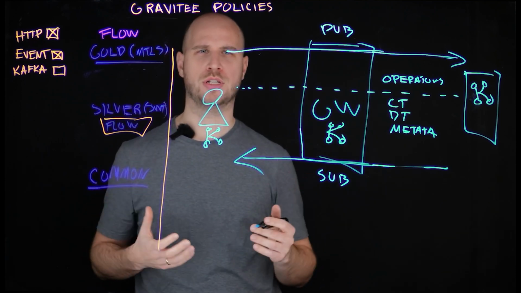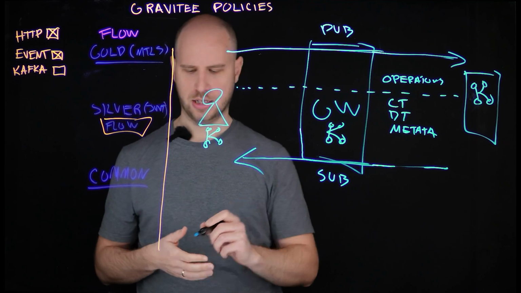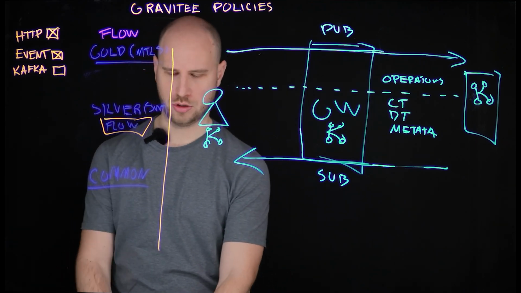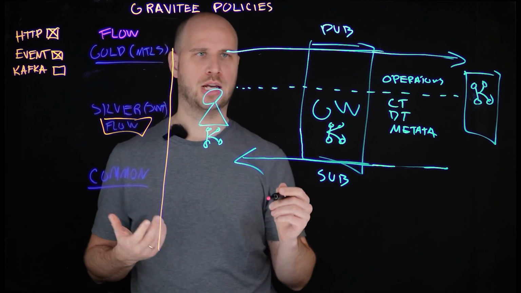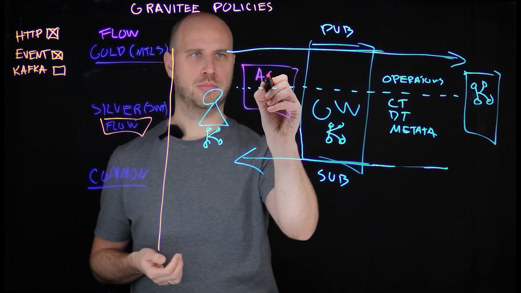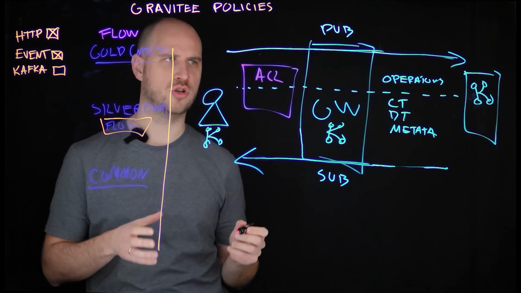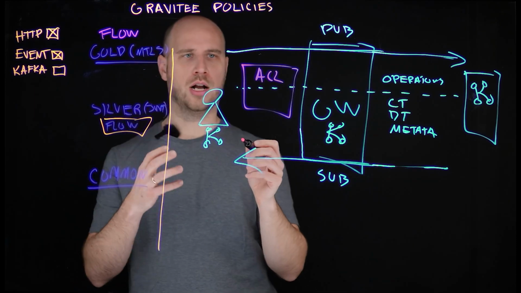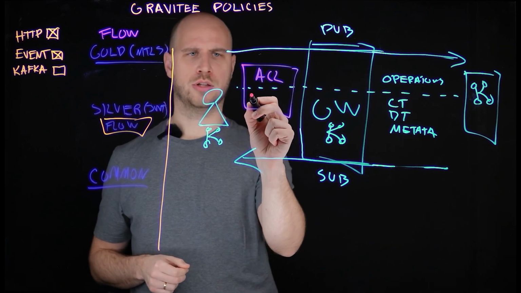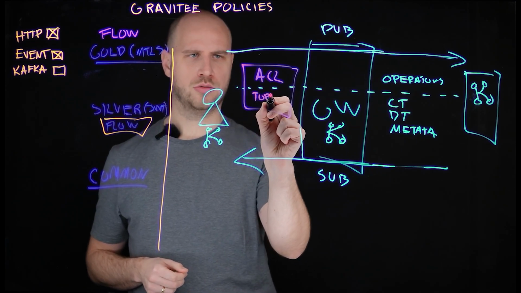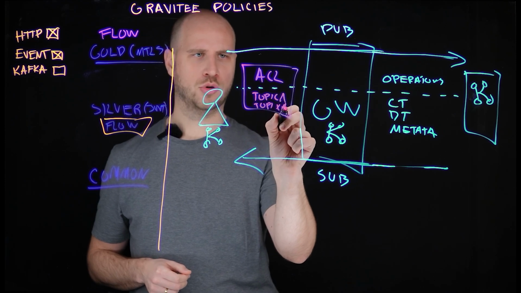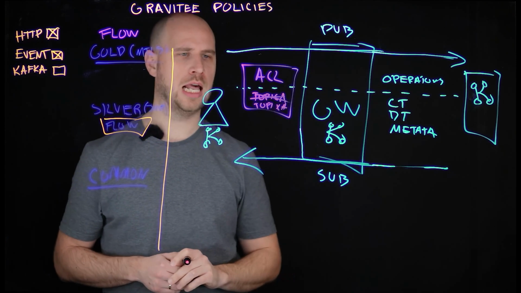For example, when someone is authenticating, maybe you want to do something like an ACL policy to control the sort of data that someone can access. So maybe here I'm going to be using an ACL policy in Kafka that allows Gravitee to check on the gateway, using dynamic expression language, whether or not someone should be allowed access to topic A and topic B, for example, and then you can control which of those you allow.